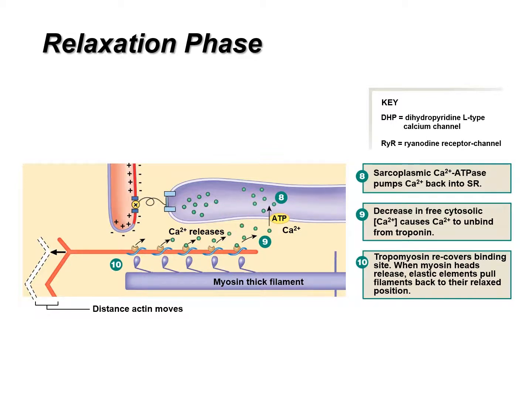We are pulling that calcium off. Calcium diffuses off of the troponin. Tropomyosin slides back into place, and we relax. It's not a very complicated mechanism. It just takes a few steps, work through it, and go from there. But again, one possibility for inappropriate or loss of contraction is a decoupling of excitation and contraction.